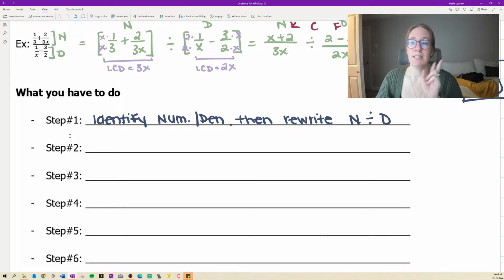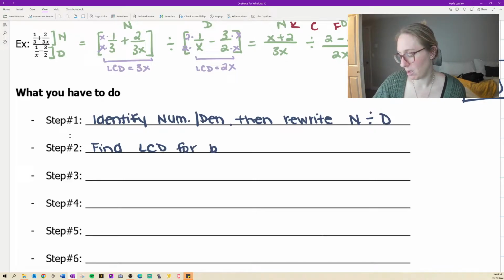Step number 2 is to find your least common denominator for both numerator and denominator, and combine the terms.